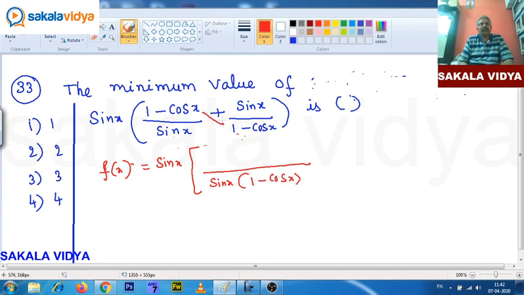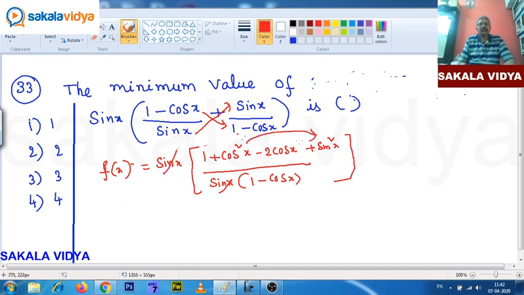So, now (1 minus cos x) into (1 minus cos x), (1 minus cos x) whole square, 1 plus cos square x minus 2 cos x, and next sin x into sin x, that is plus sin square x. Okay, this sin x gets cancelled. We have cos square x plus sin square x is 1, 1 plus 1 is 2, so 2 minus 2 cos x by (1 minus cos x).